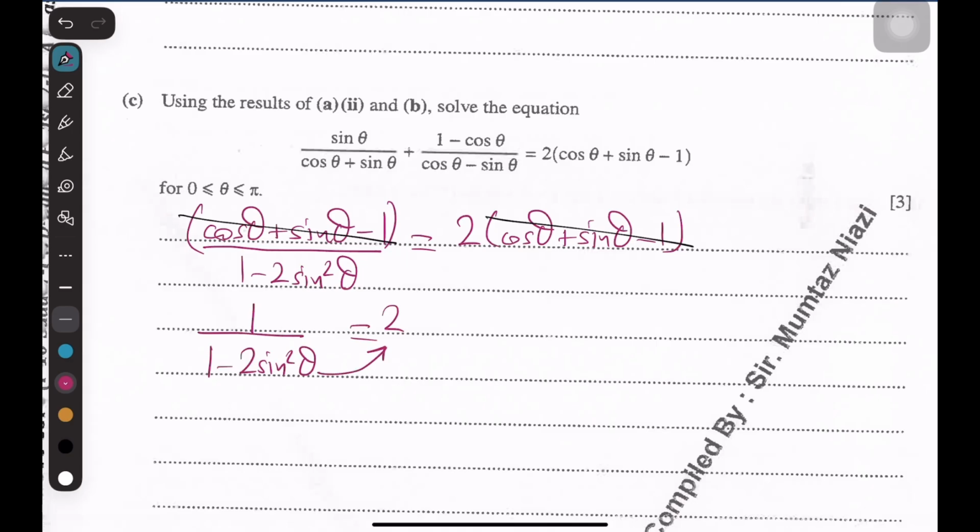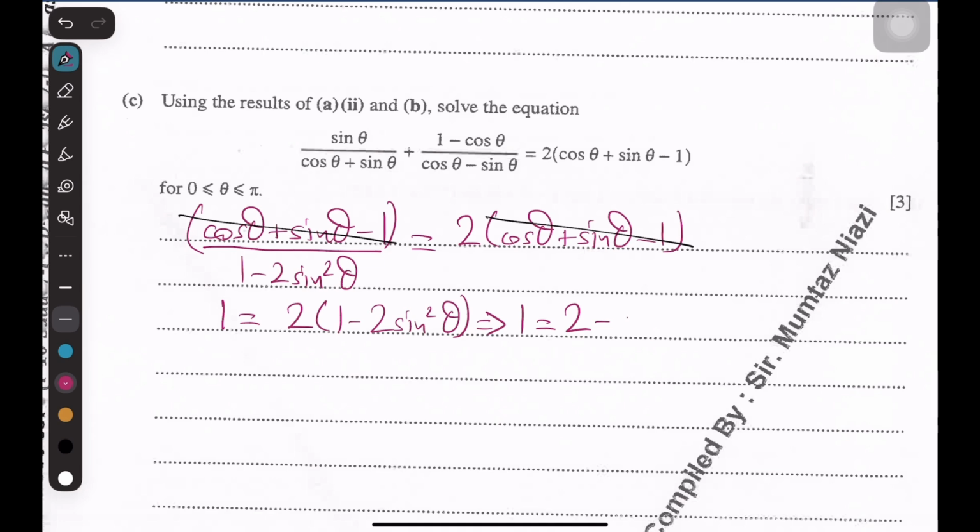1 upon 1 minus 2 sine square theta equals 2. I can shift this to the right side, so this will become 1 equals 2 times 1 minus 2 sine square theta, which is the same as 1 equals 2 minus 4 sine square theta. And we can shift this around a bit, so we'll have 4 sine square theta on the left and we have 2 minus 1 on the right, so that will become 1.